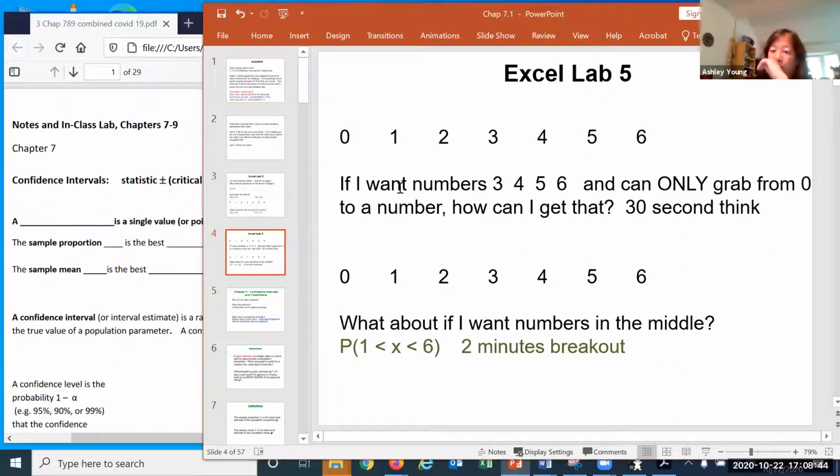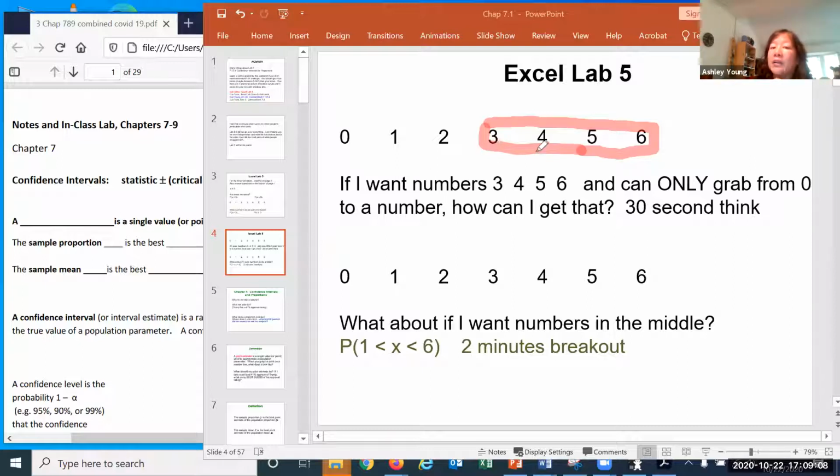So then, what if I only want numbers 3, 4, 5, and 6? But here's my dilemma. I want these ones here, but this binom dist thing only gives me the numbers from 0 up to that number.